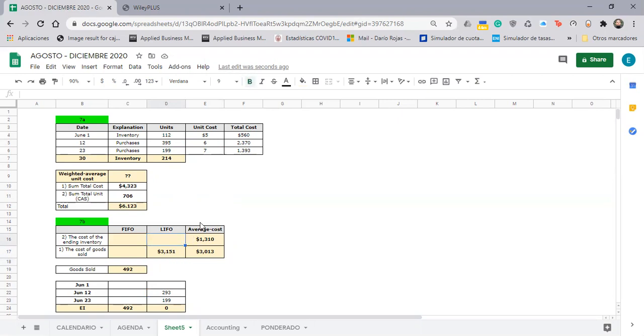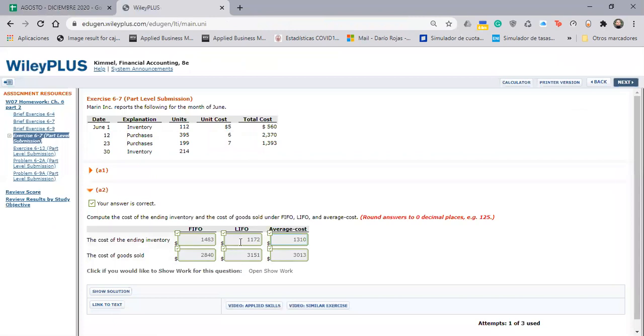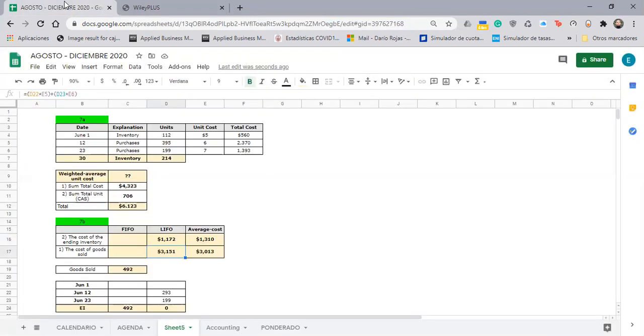Then we need to subtract from the sum of the total cost, 4,323, the cost of the goods sold. And that will be the amount of $1,172. Let's check with the while plus if these amounts are correct. 1,172 and 3,151. Let's finish with the FIFO.